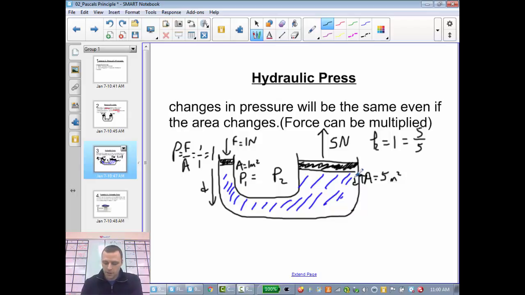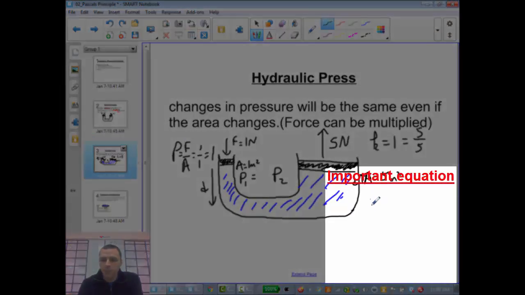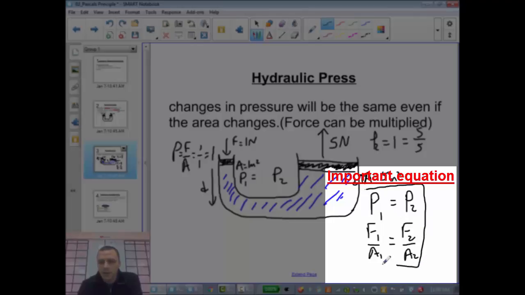Let's write this out in equation form before we do an example. So pressure 1 equals pressure 2, and pressure 1 is really force 1 divided by area 1, and that's going to equal force 2 divided by area 2. And these two ideas are Pascal's principle applied to hydraulic presses.